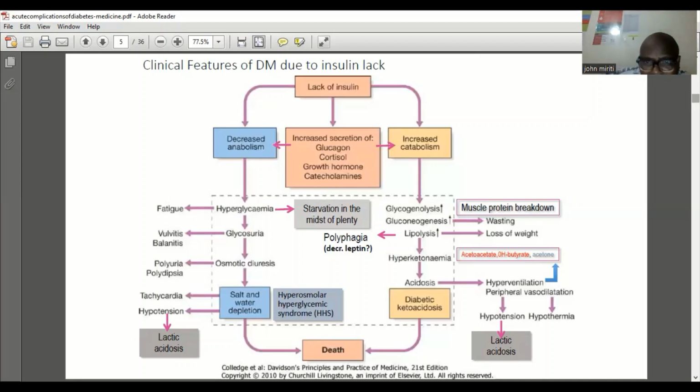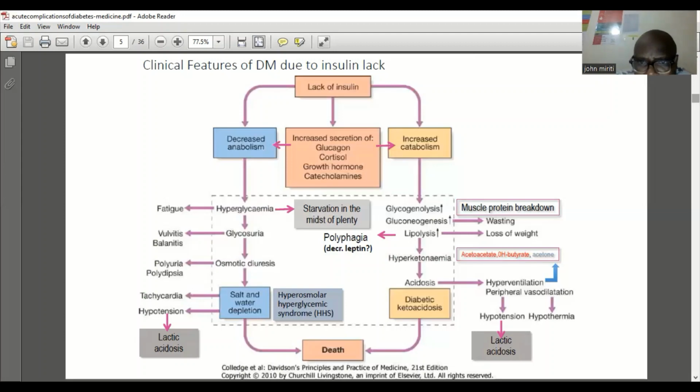Because of increased catabolism, which results in increased breakdown of lipids, called lipolysis, there is loss of weight. This breakdown of lipids can result in polyphagia, decrease in leptin, or hyperketonemia.